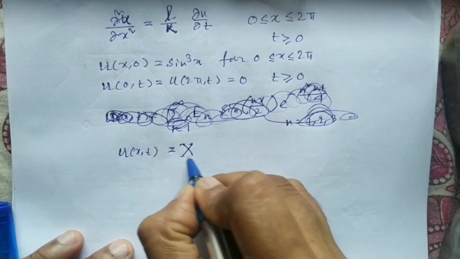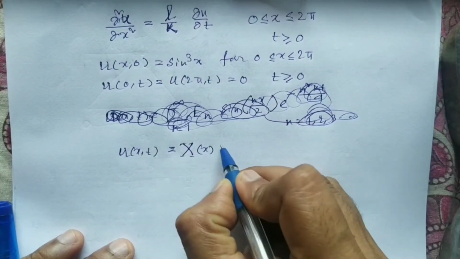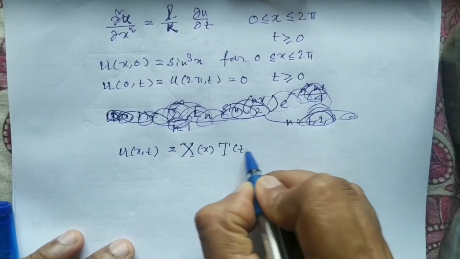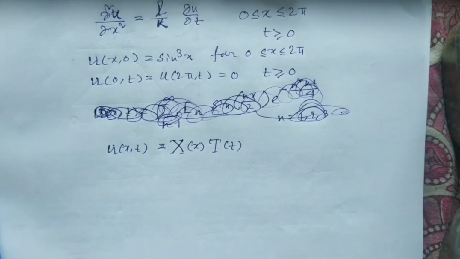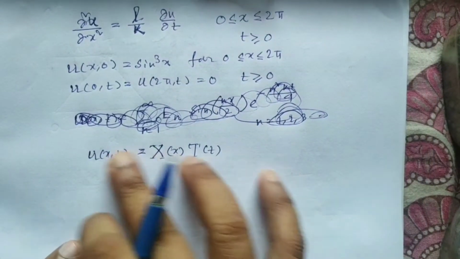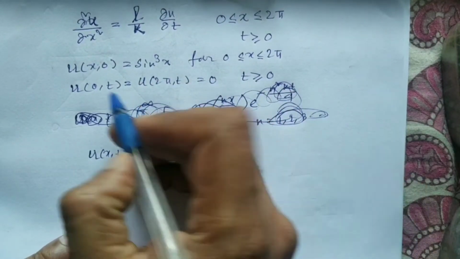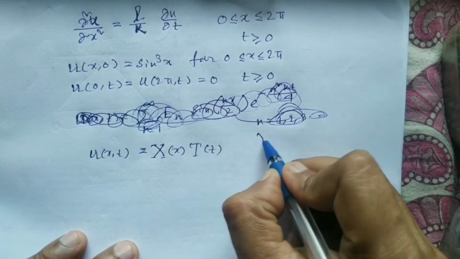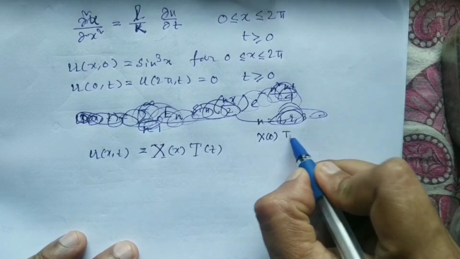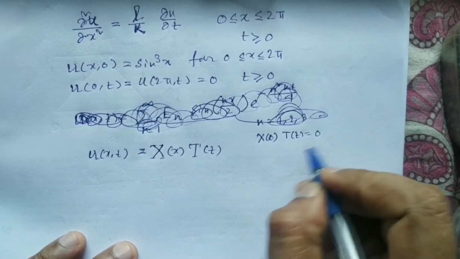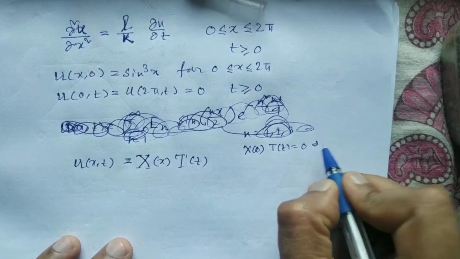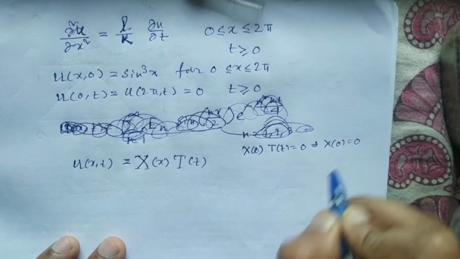So we are taking X(x) and T(t), and by this, if we apply the boundary condition in this equation, you can see that this is equal to X(0)T(t) = 0, which is actually giving you that X(0) is equal to 0.